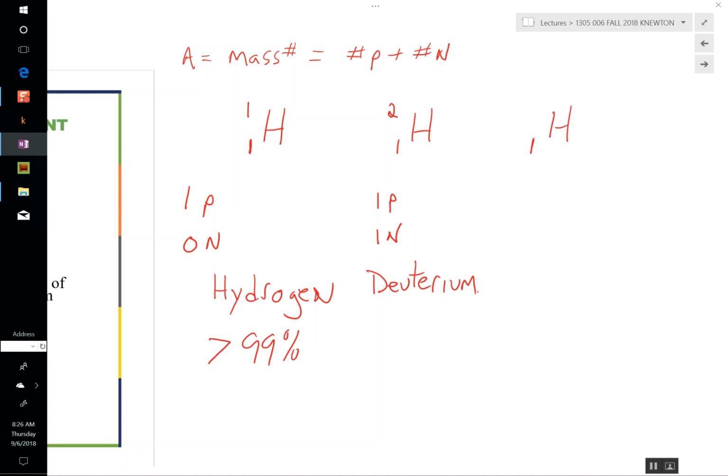And it's heavier. It's approximately 0.1%, probably less than that, of a hydrogen. So if you had a cylinder full of hydrogen, you'd have a great deal of this isotope, a tiny little bit of this isotope, and a trace of this one. This one has 1 proton and it has 2 neutrons. So what is its mass number? 3.